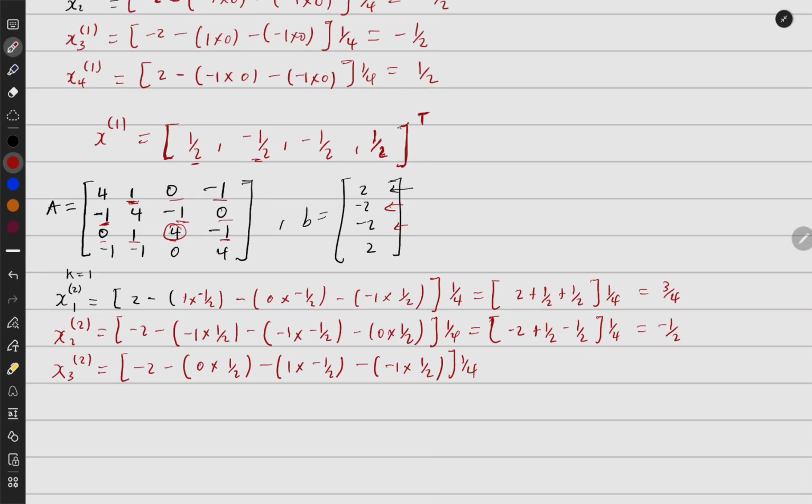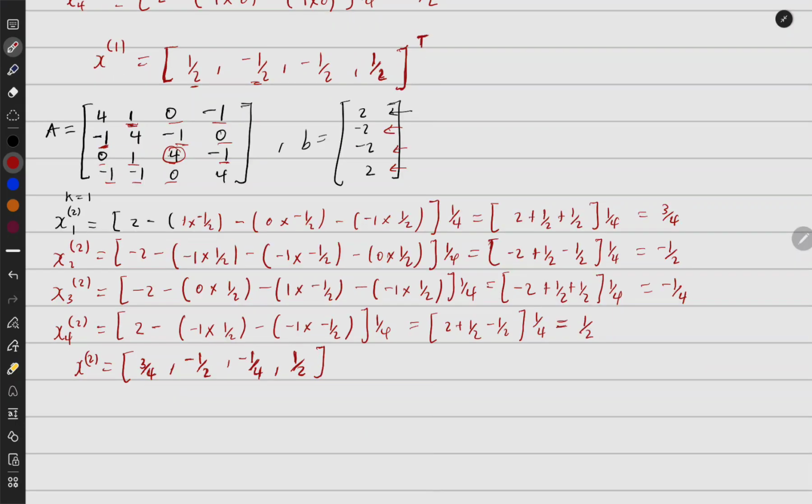This is also 1 over 4. For x4, this is 2 minus negative 1 times the value, which is a half, minus negative 1 times negative a half. This is still 1 over 4. So this is our solution, and we can write it in that form.